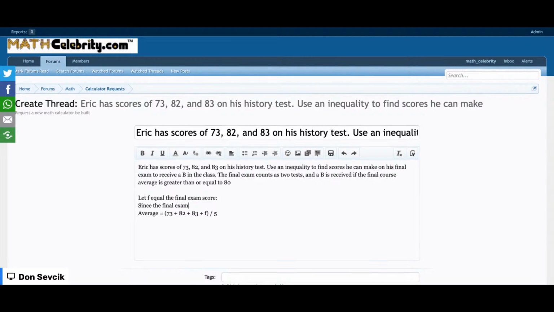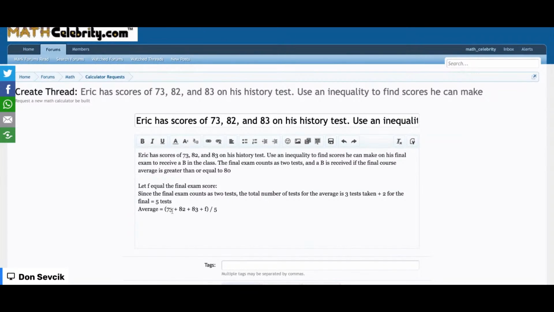Since the final exam counts as 2 tests, the total number of tests for the average is 3 tests taken plus 2 for the final equals 5 tests. All right.